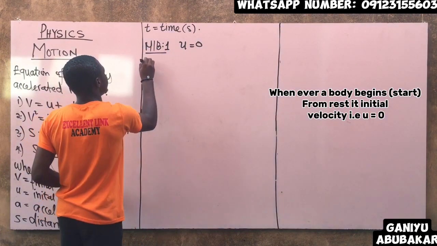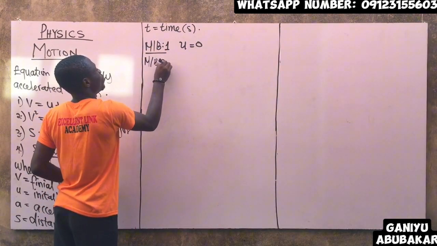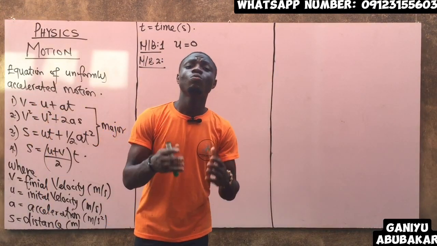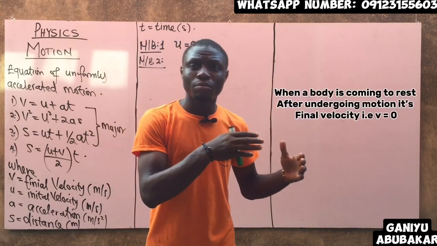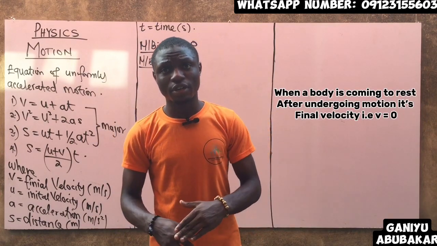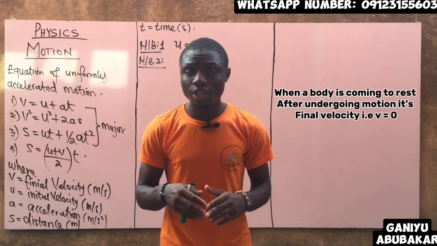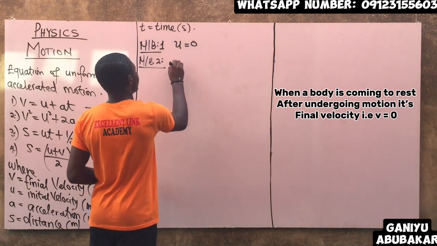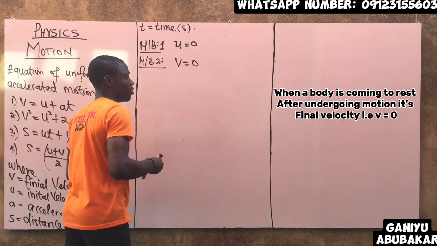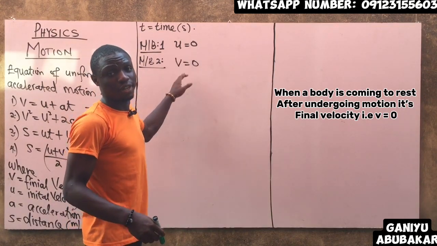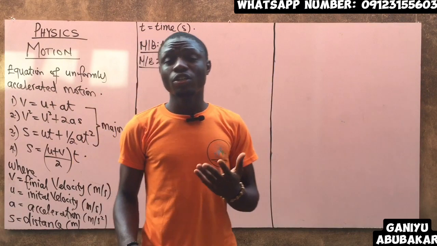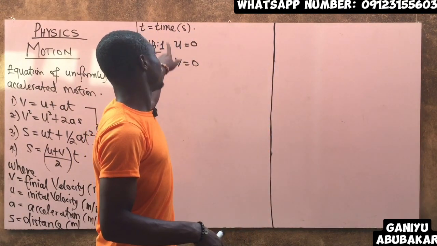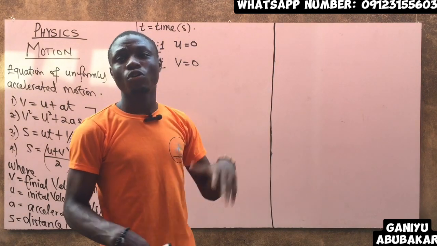Note number two is that when a body comes down to rest after undergoing motion, its final velocity is equal to 0, that is v is equal to 0. So these are the two conditions you need to master, right? Whenever you see a question, actually v and u are not always given.